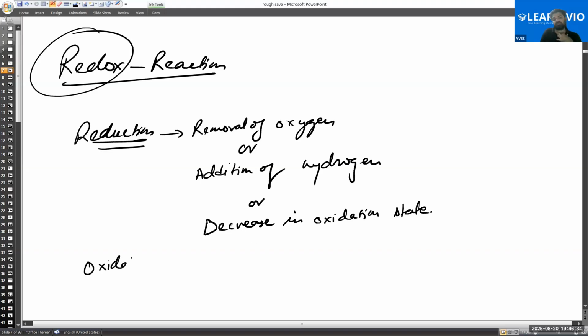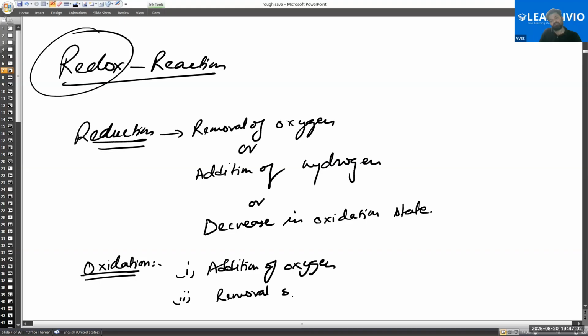Now, what is oxidation? Adding of oxygen. Yes, addition of oxygen. Next, removal of hydrogen, or increase in oxidation state.